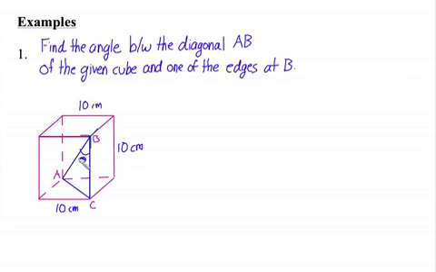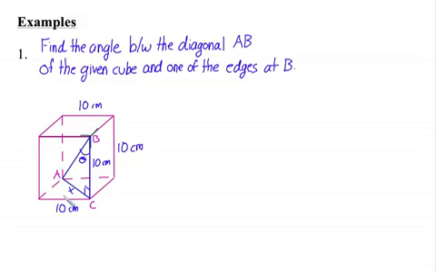We know that the edge BC is 10 centimeters, and we know that this is a right triangle. We can use the Pythagorean theorem to help us fill in some of the missing information. For instance, the diagonal AC, we'll call that x for now. I can find x by using the Pythagorean theorem.